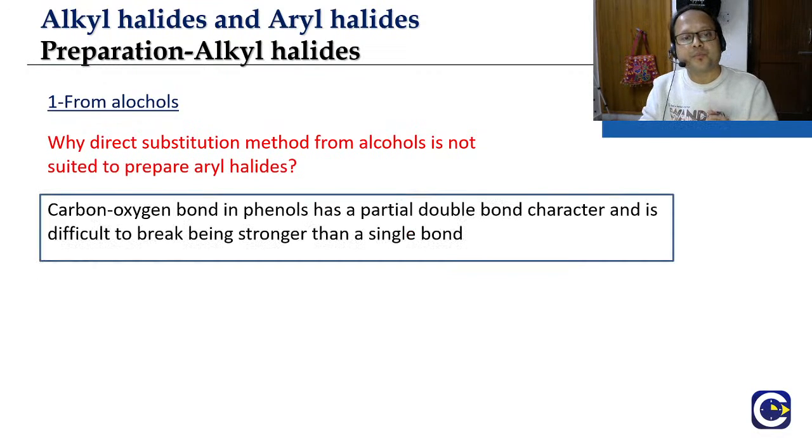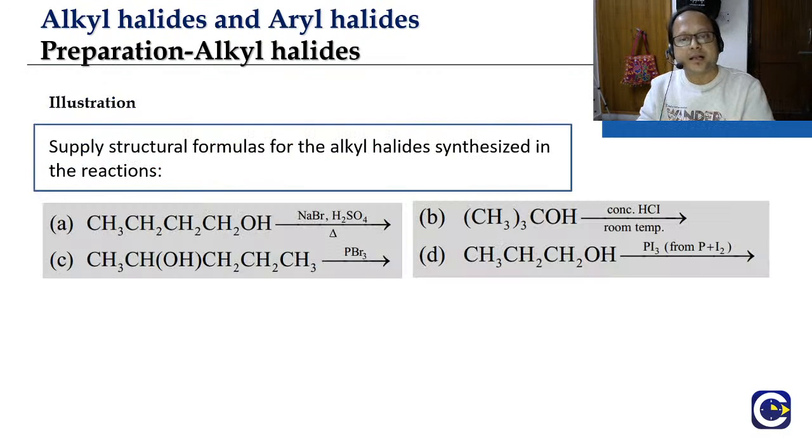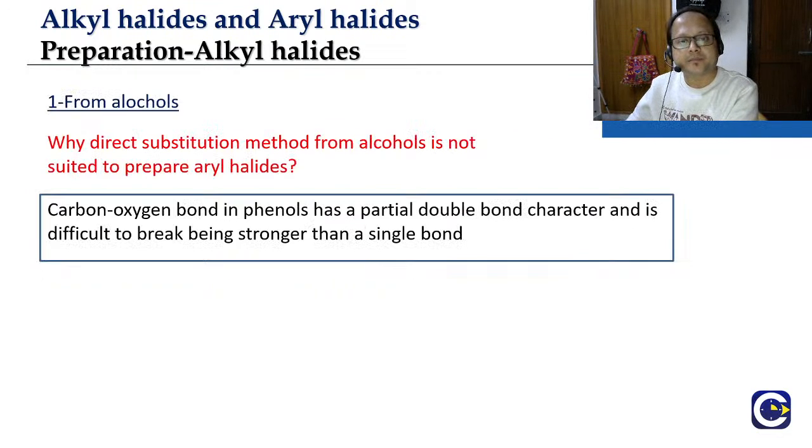Why? Because of course the bond is so strong, it cannot be removed easily. Because of resonance, there is always a partial double bond character, right? And hence you cannot use it directly. So we'll learn about this also.